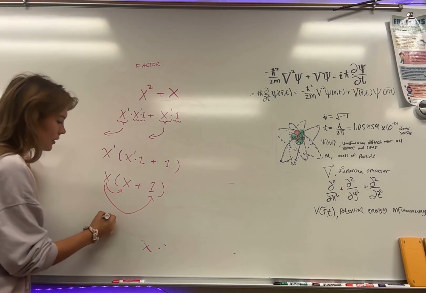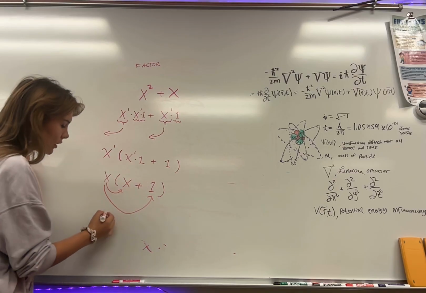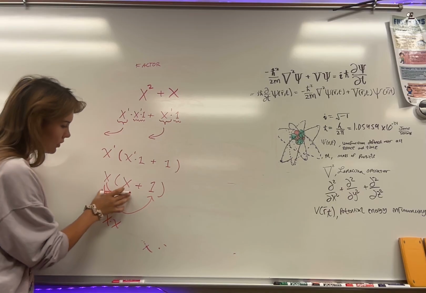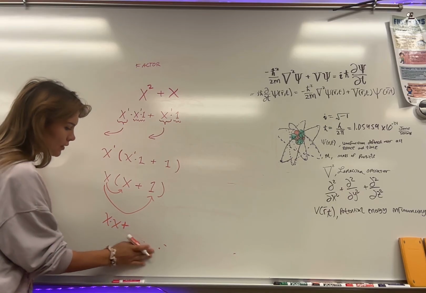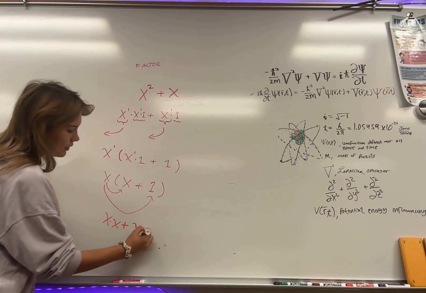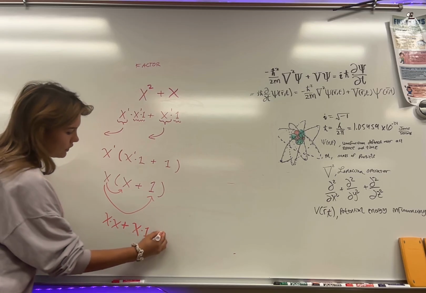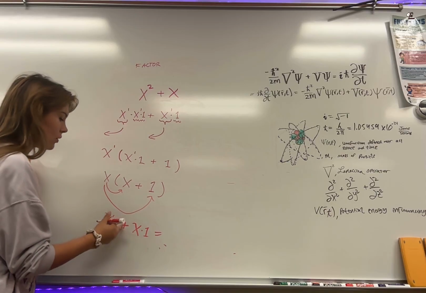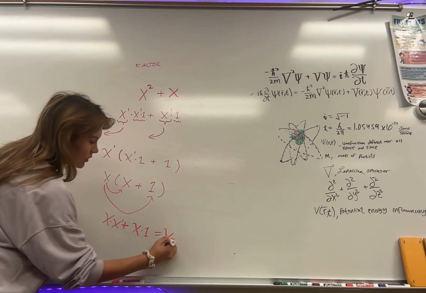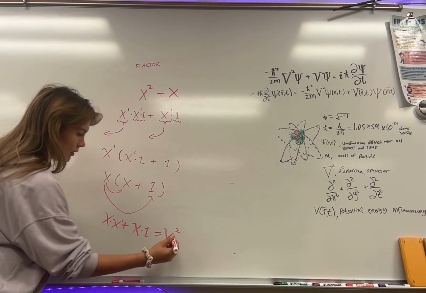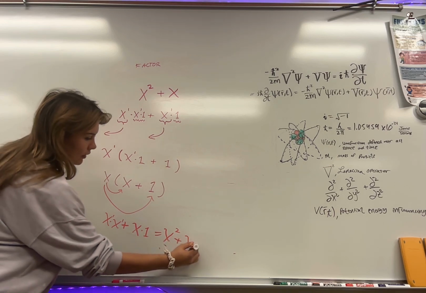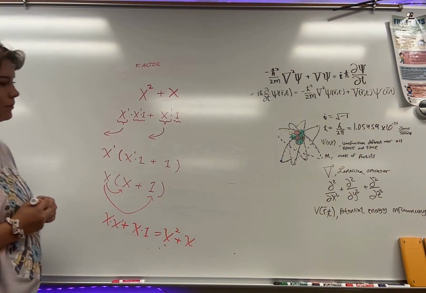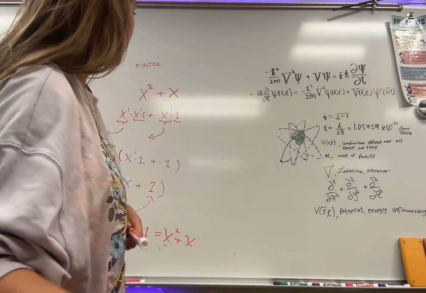And that would leave us with the plus sign, all that, so we would get x times x for this first part, plus x times 1, and if we simplify that, that's x to the 1 times x to the 1. So x to the 1 plus 1 is x squared plus x. Easy. Okay, it's a very basic factoring example.